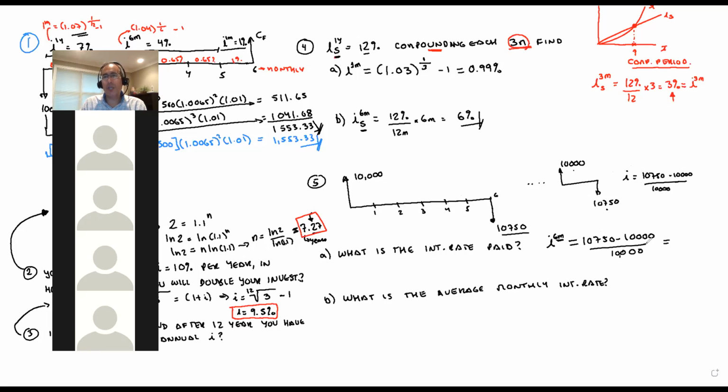So this number equals what? 7.5%? Yes, 7.5%. Exactly. So what is crucial here, guys, is that this 7.5% corresponds to 6 months, because that's the period that has passed. So this is your rate. You know that the loan rate is 7.5% for 6 months.